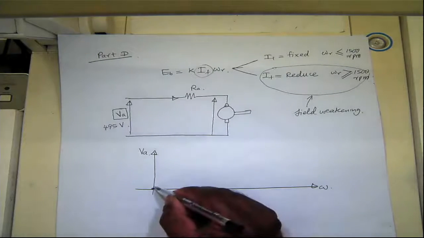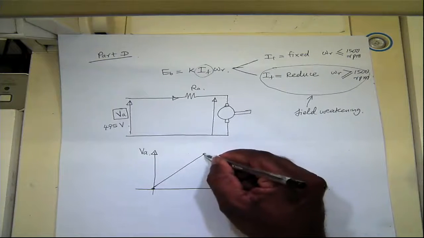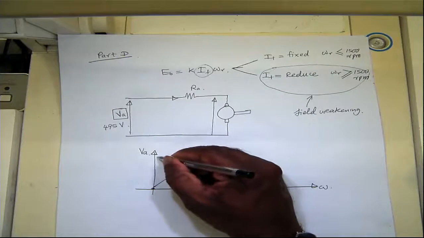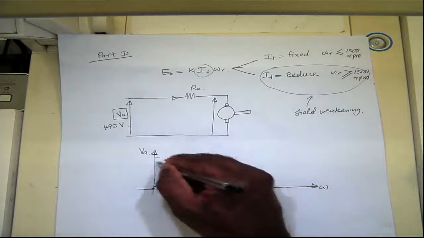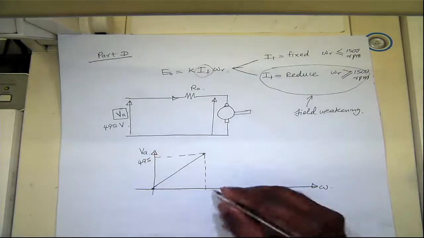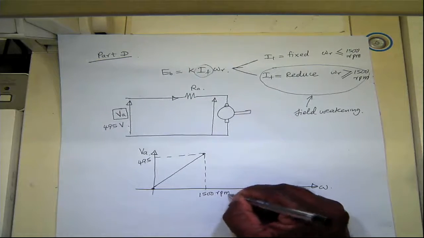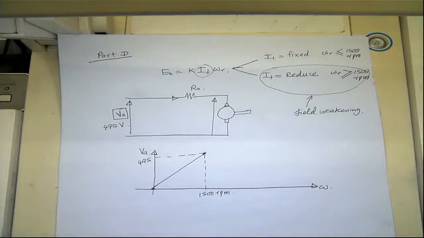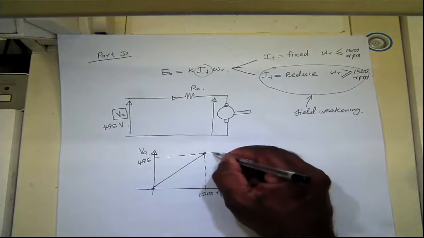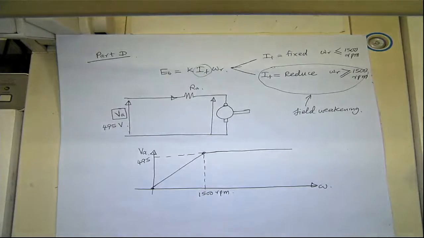It will be somewhere here, and then you gradually increase with speed, and at 1500 RPM you hit that limit, 495. So then you don't have enough voltage after that. After this particular speed, the voltage remains fixed.